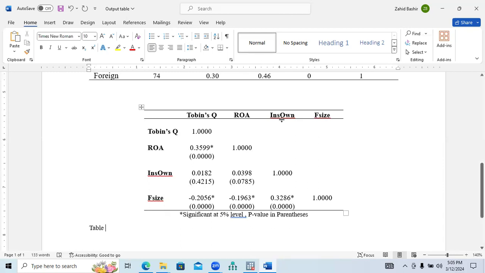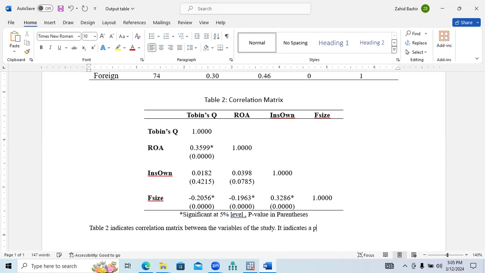For example, this is Table 2. Table 2 indicates significant.